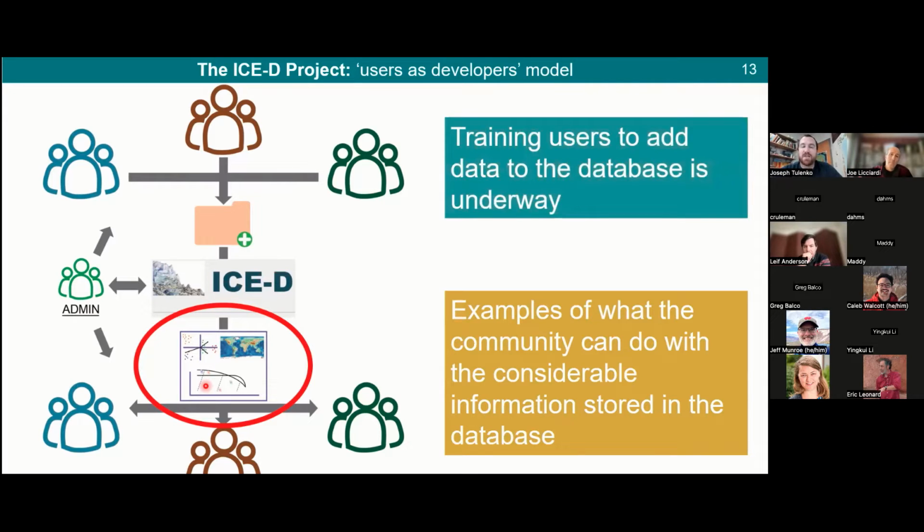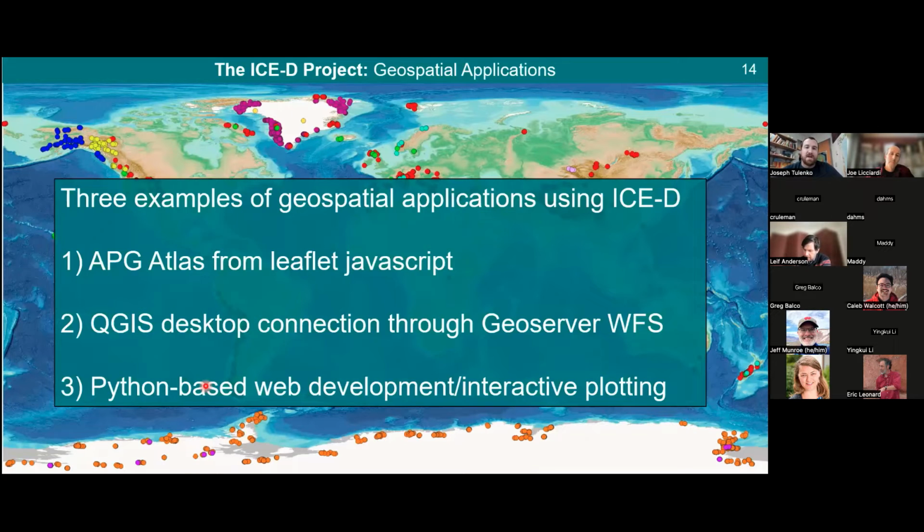And so now I want to spend some time talking about examples of what the community can do with the considerable information stored in the ICE-D database now. And that's the bulk of my talk today. So I'm going to talk about three examples of what I've been able to do with ICE-D in a geospatial space.